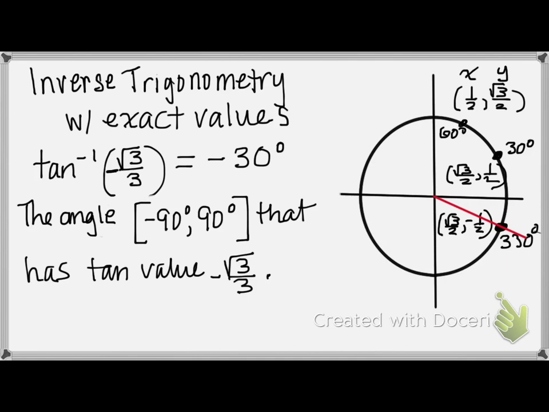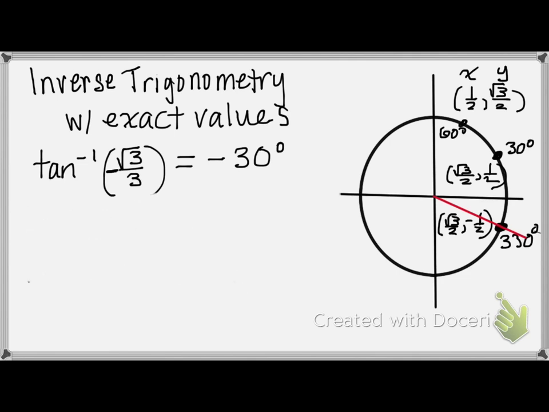Sine actually works the same way. So let's go ahead and take a look at a sine inverse function. I just slap a sine in there. Let me put a value that'll work better here. We'll go 1/2.